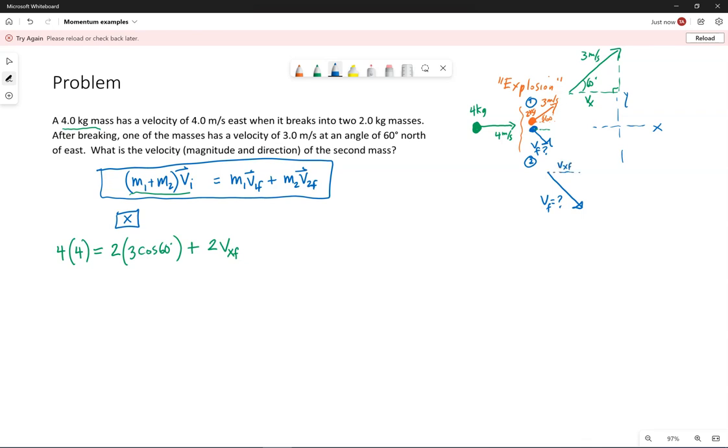Now I could totally write that as a V final cosine theta, but if I leave it as Vx final, I'm going to find that value. So let's see, we have 16 is equal to 6 cosine 60 plus 2 Vx final. So we can find this x component of the velocity that mass 2 has. This is 6.5 meters per second.